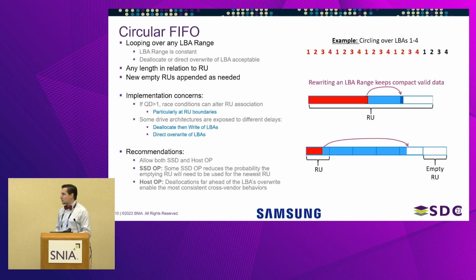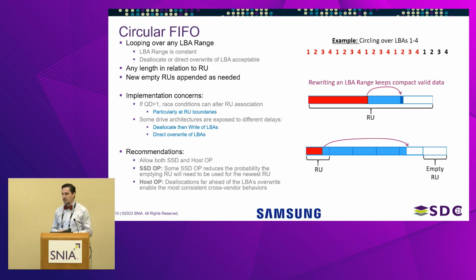So we don't need to restrict to QD1 here. I already mentioned that deallocate versus direct overwrite is going to be a bit of a question on what is most recommendable. A good rule of thumb is that if you're deallocating, deallocate far in advance of when you will be writing over it, and then over the drive vendors, it should be very similar behavior.